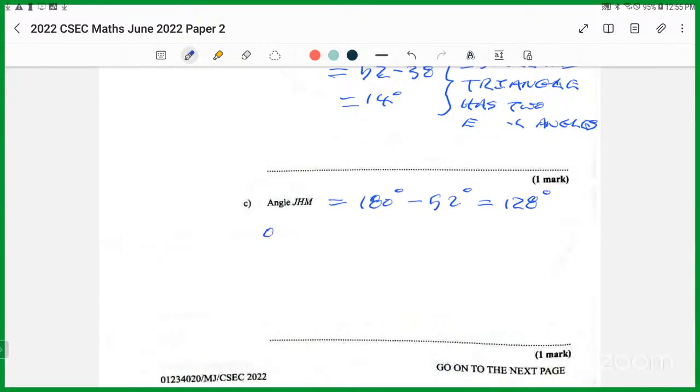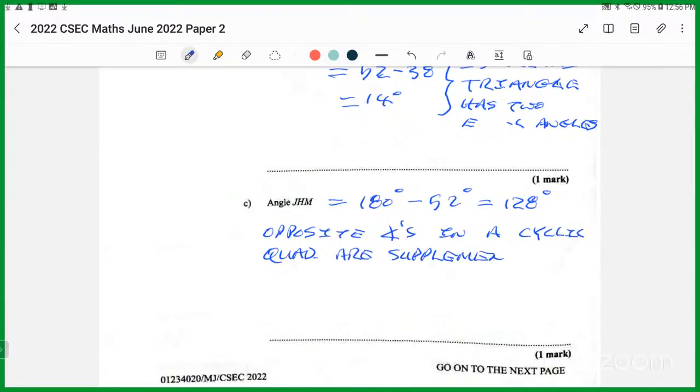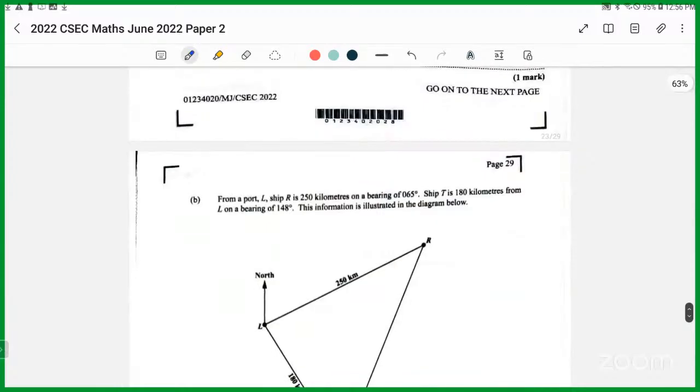That's because opposite angles in a cyclic quadrilateral are supplementary, which means that they add to 180 degrees. That is it. Yes, that's that one.